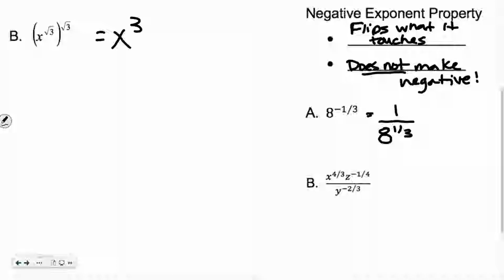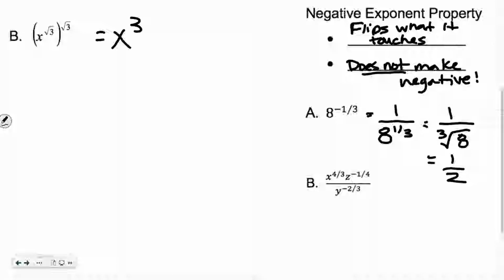And then 8 to the 1/3 is 2 because it's the cube root of 8. So 1 over the cube root of 8 is 1 over 2. Some of us might be able to go right from rational exponents to 1 over 2. Some of us may still need to write the radical out. Okay, some of us will use that path. I'm going to do it on board.